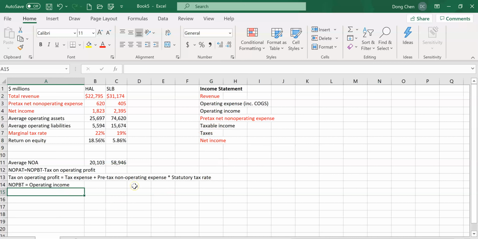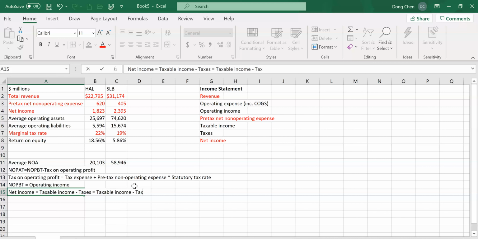Why? Because remember, the relationship between net income and taxable income is what? Net income equals taxable income minus taxes, right? And taxes further equals taxable income times the statutory tax rate.